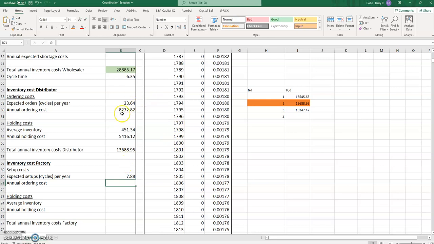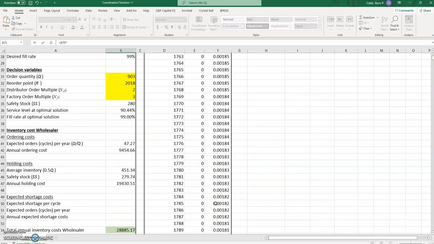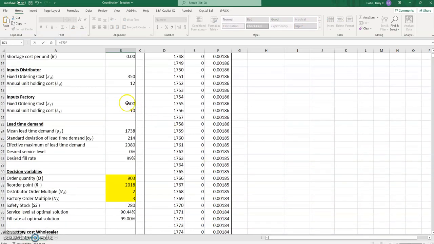In fact, we see that here. If the distributor orders are 23.64 per year, and the factory chooses a multiple of 3, they're going to only produce 1/3 as many batches as there are orders for the distributor. So we would multiply this times the factory's fixed ordering cost.